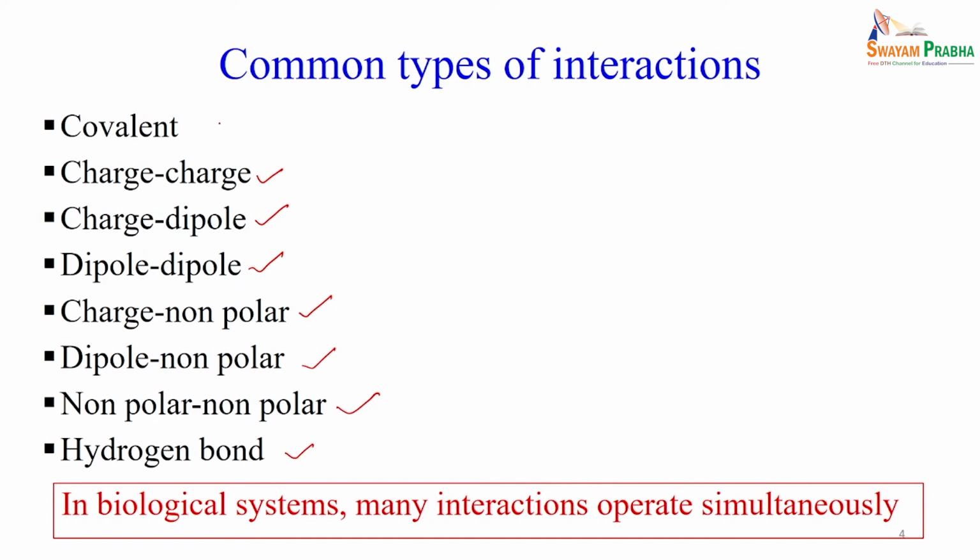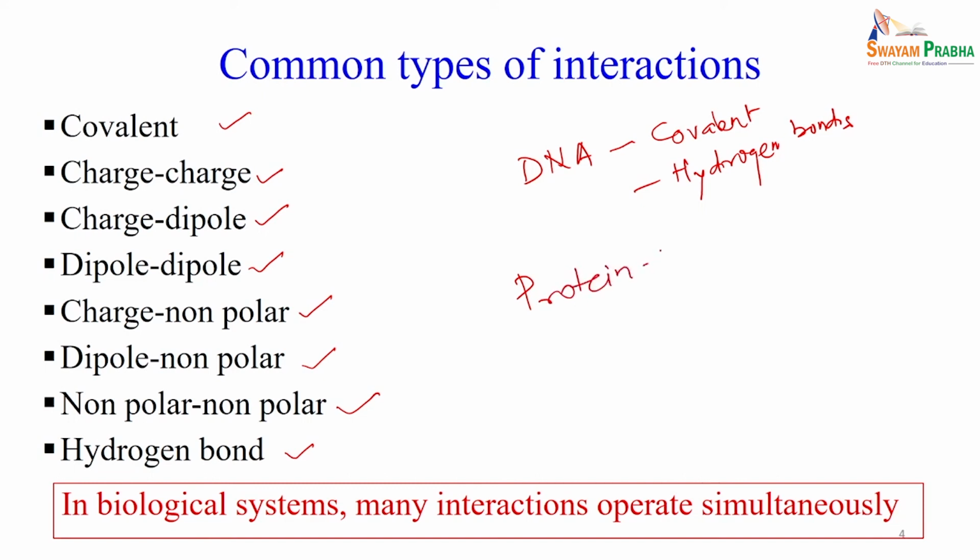These are a few important common types of interactions, and especially in biological systems, many of these interactions operate simultaneously. If you take the example of DNA, it simultaneously has covalent linkage and always hydrogen bonds. If you go for proteins, it has many.